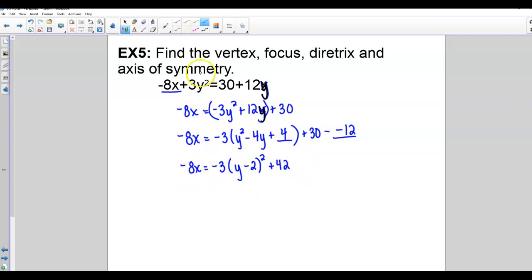Now we can deal with this negative 8. So we're going to divide the left-hand side by negative 8. When you do this on the right-hand side, each term is separated by the plus or minus sign. So this whole thing right here is one term, and then you got that 42 is the other term. Both of those must be divided by the negative 8.